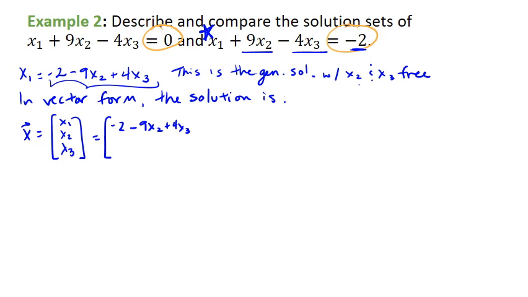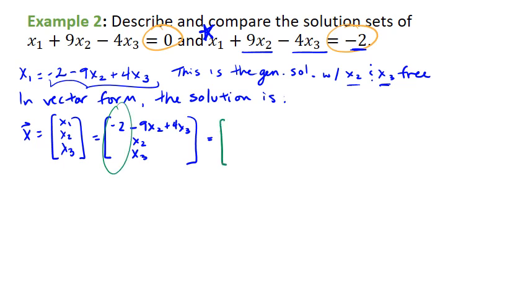Now x2 and x3 are free, so I'm going to write x2 and x3 because those are free. Then I'm going to take out our GCFs and that sort of thing. If I rewrite this, I find that I only have this constant here.